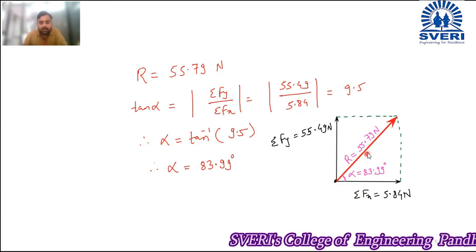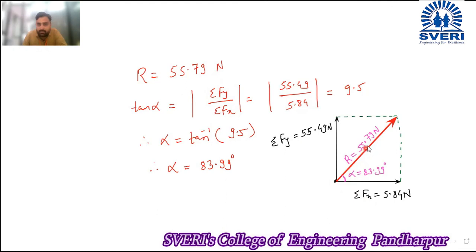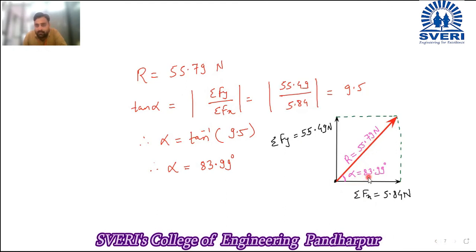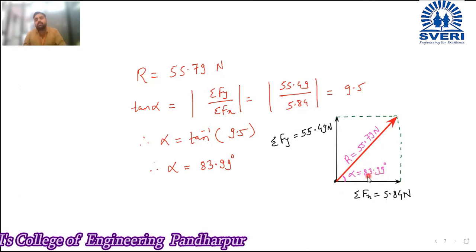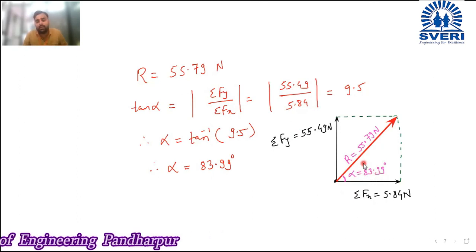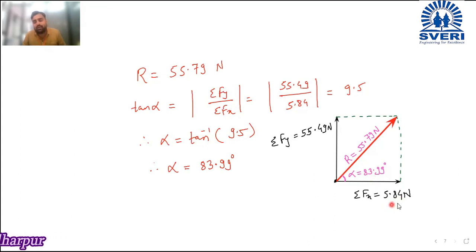R cos alpha. Now the value of R you found as 55.79, and the value of alpha you also know, 83.99. So do one calculation: calculate R cos alpha, R into cos of this angle alpha, and check that you are getting 5.84 or not. Do it now.